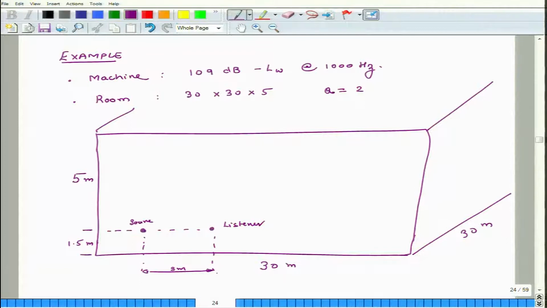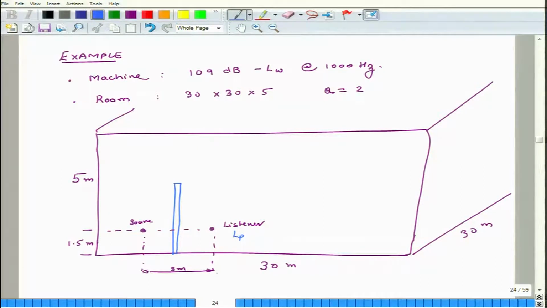So, the question is, if I introduce a barrier, what will be the sound pressure level, and if I do not have the barrier, what will be the sound pressure level that is at this location. Okay.